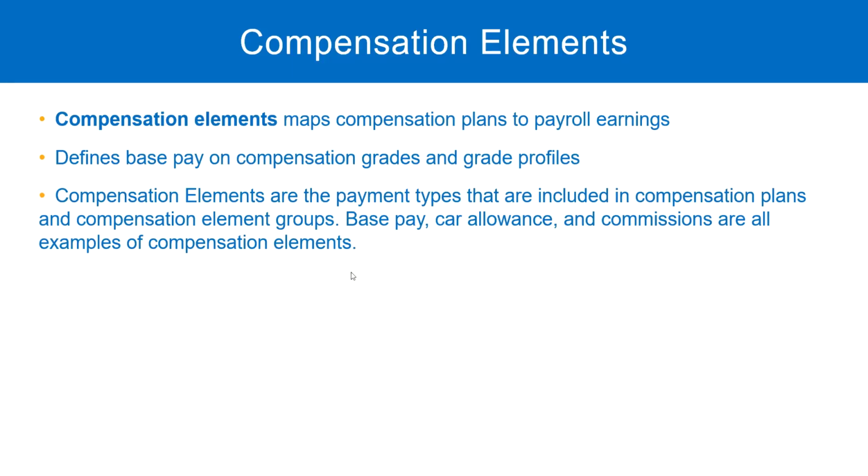Some examples of compensation elements are base pay, car allowance, and commissions. This is actually the heading under which an employee will get paid. It's a payment type. That's it.